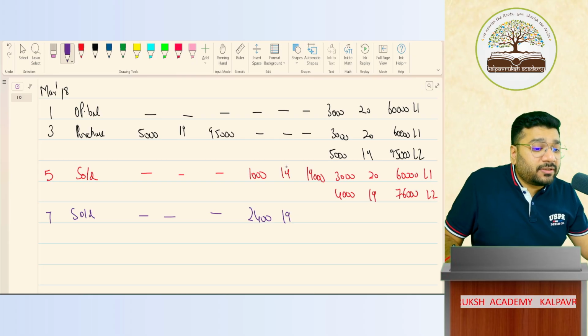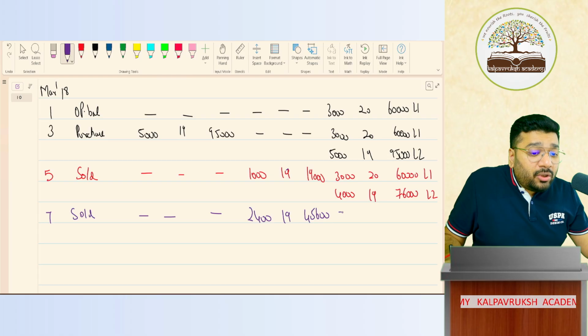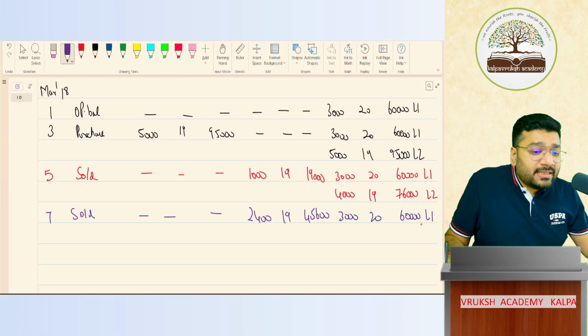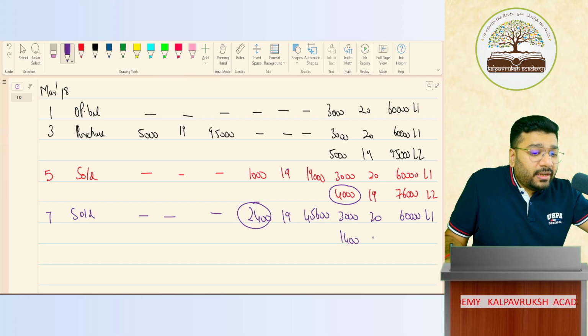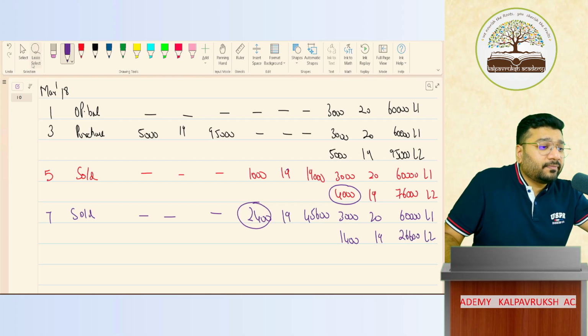How much is the total cost? 45,600. Lot 1, you haven't touched it, so as it is, copy paste. Out of 4,000 kg, if 2,400 kg is sold, what is the unsold quantity? 1,600. Into 19, how much?